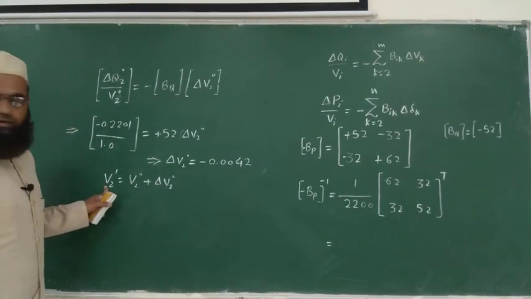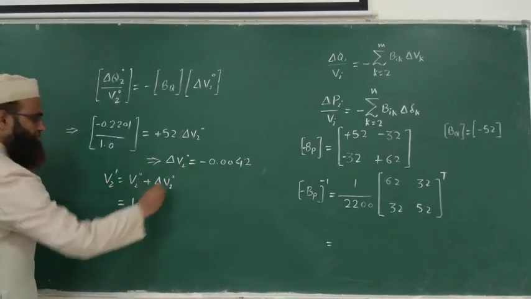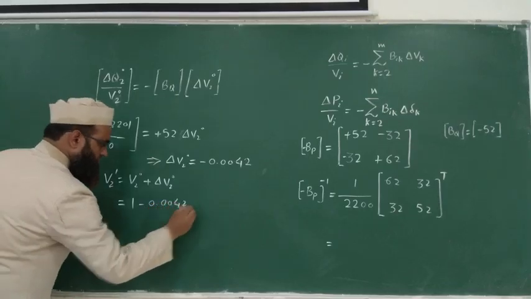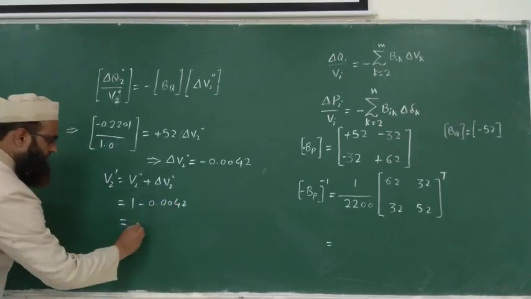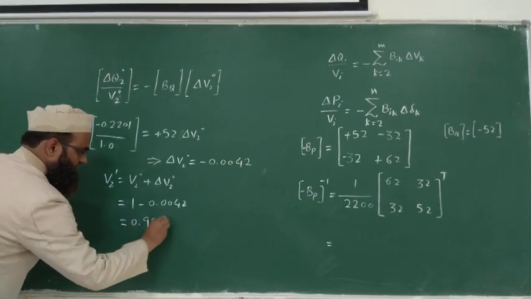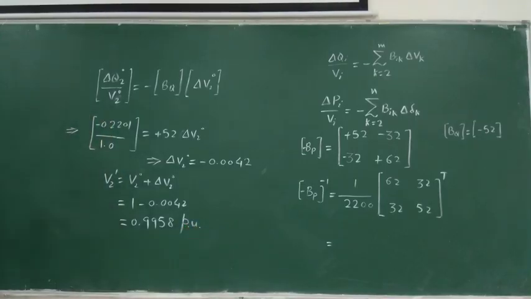Fine. So this may be written as 1 and this is minus 0.0042, which is coming out to be 0.9958 per unit. Fine. Any doubt?